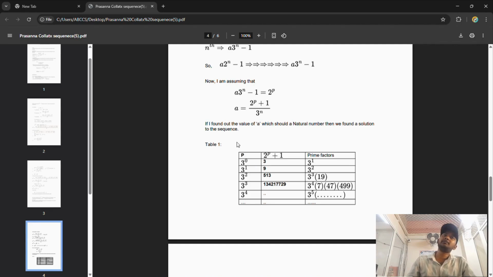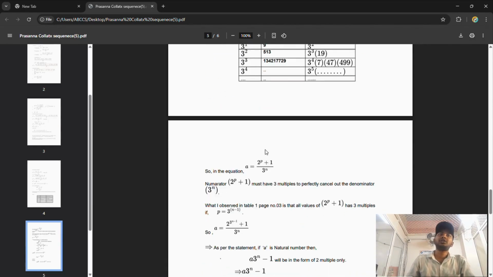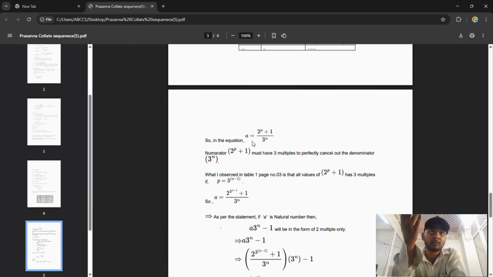If the p value is such that we get a 3 to the power of something, we will get three multiples in the numerator. So in the equation a equals 2 to the power of p plus 1 divided by 3 to the power of n, the numerator 2 to the power of p plus 1 must have 3 to the power of n multiples, not just 3 multiples, to perfectly cancel out the denominator.